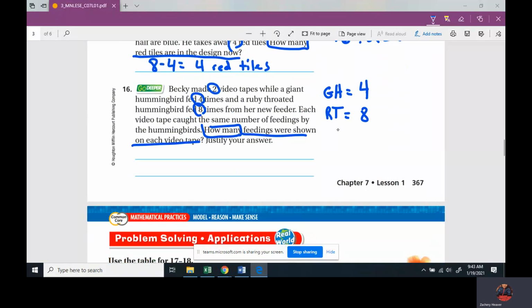So GH is 4 and RT is 8. Well, we're going to have to divide those by how many videotapes do we have? 2. So that's your problem. GH equals 4 divided by 2, and RT equals 8 divided by 2. So you guys can figure these out.